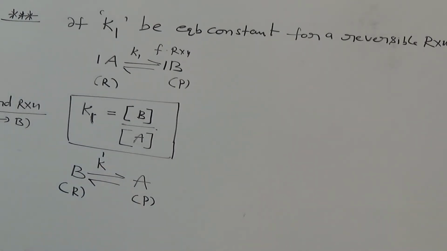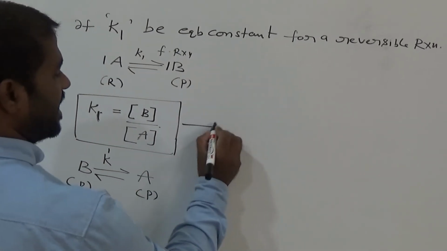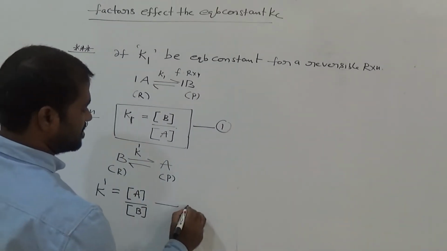Write the equilibrium constant expression here. K dash is equal to molar concentration of A divided by molar concentration of B. Am I right? Suppose this is taken as 1, this is taken as 2.